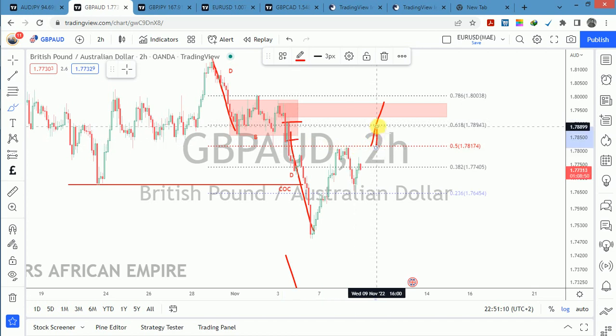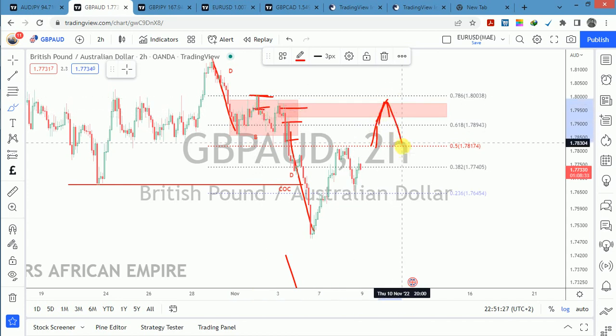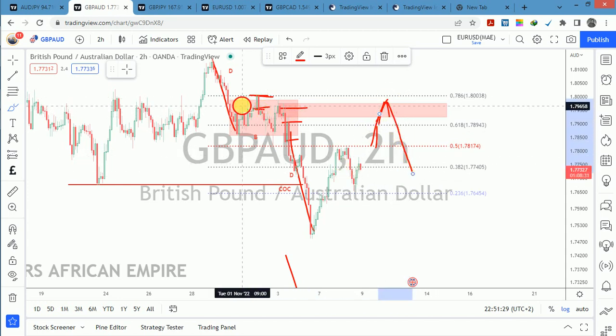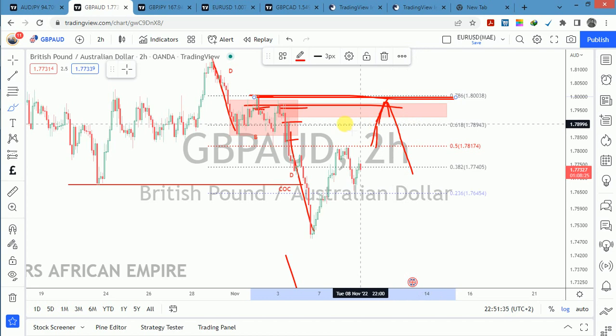This one is going to be manipulated because it's within 61.8. So this one as well, I'm expecting it to be manipulated by breaking through. So we might use this one, this order block here, which is aligned with 78.6.